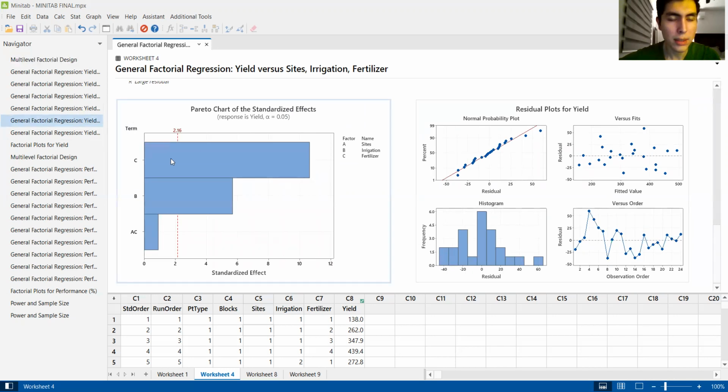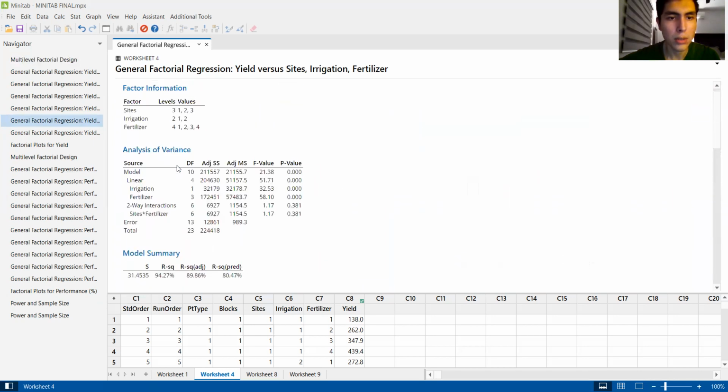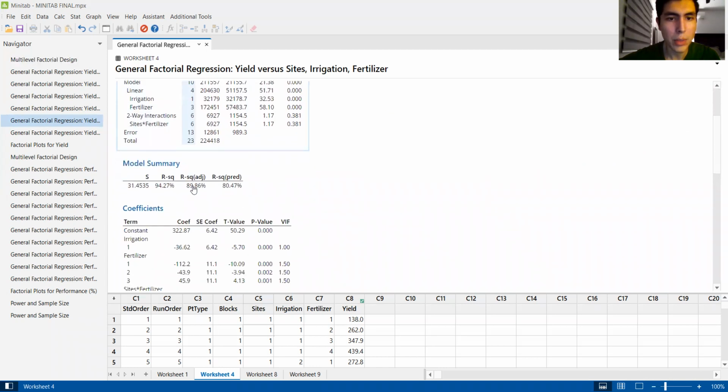To do this, I had to choose the non-hierarchical model because we're taking one of the main factors out. After doing this, we can see that the R square and R square adjusted have a higher value than in the past analysis. This is an indication that we're improving the model.